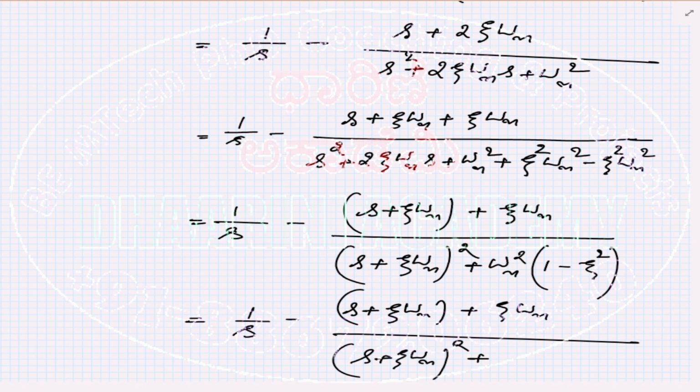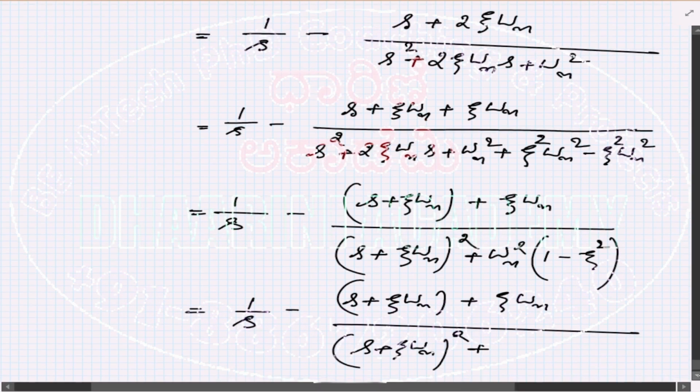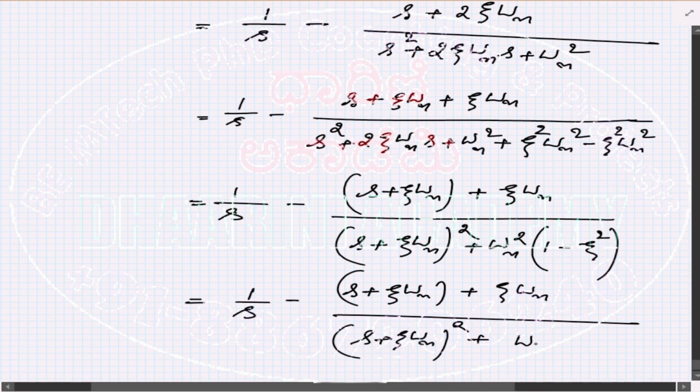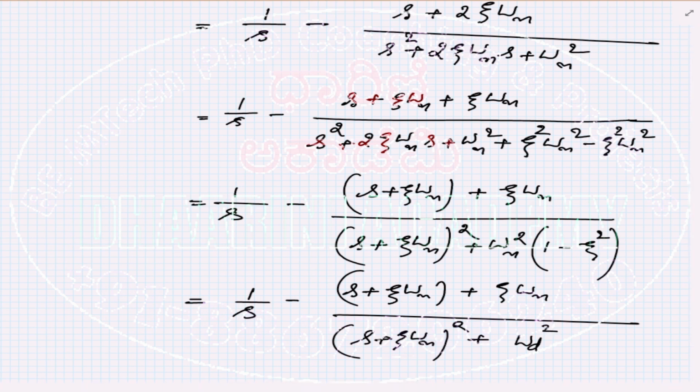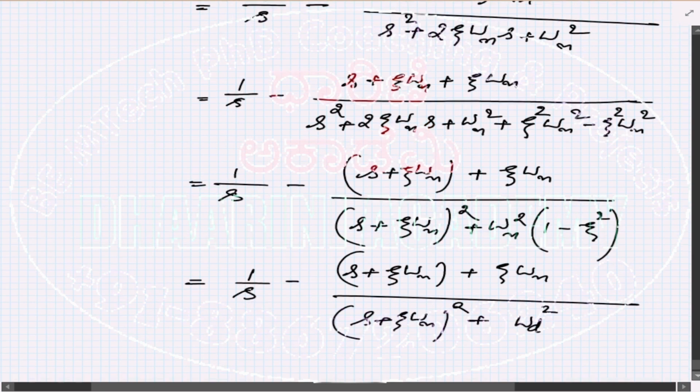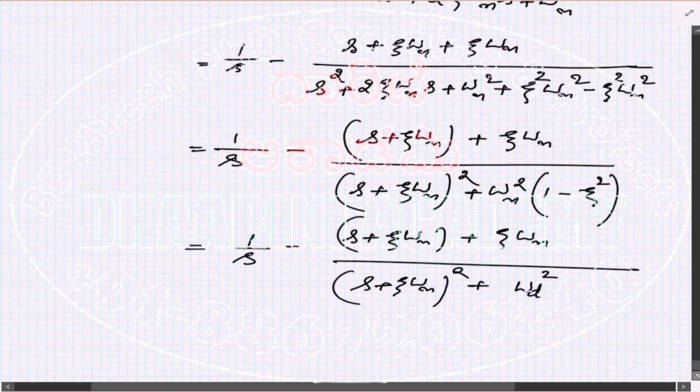Omega n square into 1 minus zeta square. If you remember, I can call it omega d square, the damped natural frequency which we already defined.